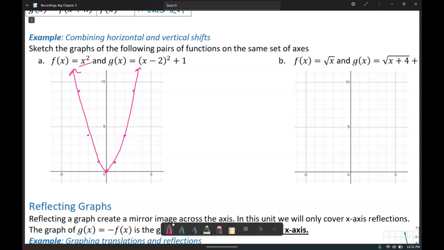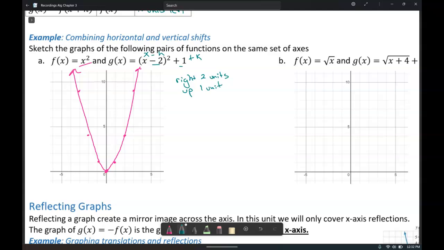And so our parent function is going to be right about here. Now we want to look at what our shifts are going to be. Well, inside here we have x minus h, which means we're going to go to the right 2 units. And out here we have plus k, which means we're going to go up 1 unit.